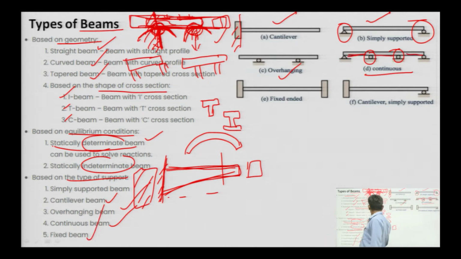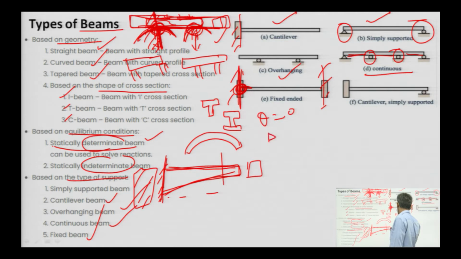Fixed beam, if both ends are rigidly supported, the joint between the column and the beam is rigid, okay. Rigid means no rotation, 0 degree of freedom at this joint, meaning neither rotation nor delta x or delta y is possible.